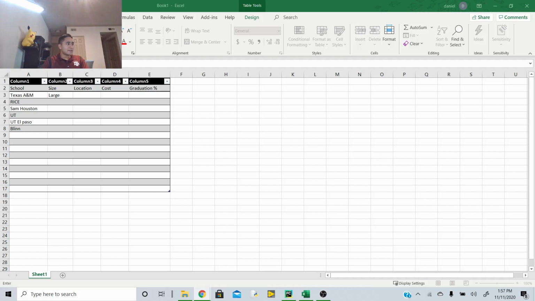So Rice University, about 3,900. So I would say that's relatively small for a university. Sam Houston is medium. UT is going to be large.